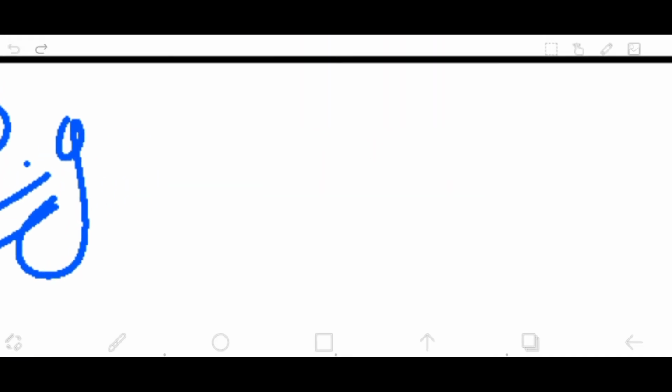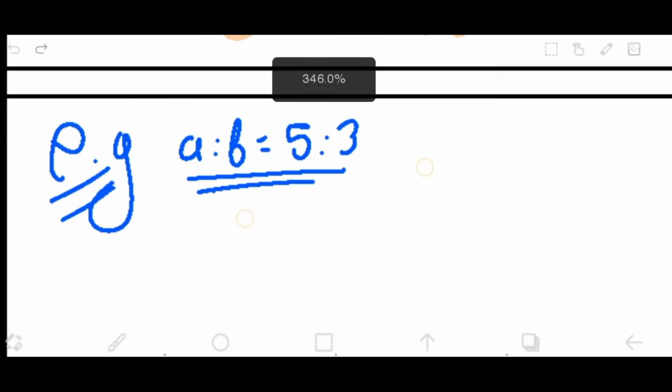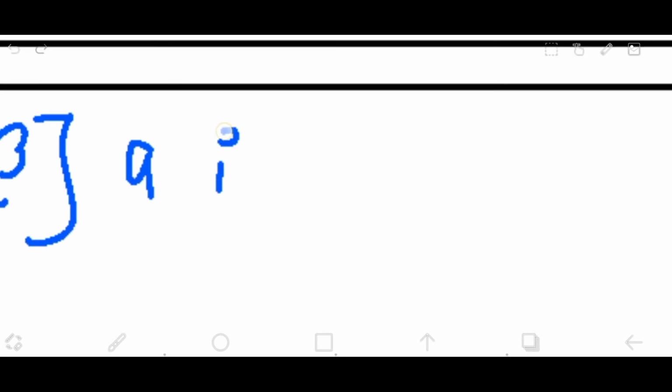You are given the ratio, let's suppose A is to B is 5 is to 3. It is also said in the question that A is 30 more than B. Sorry for my handwriting.